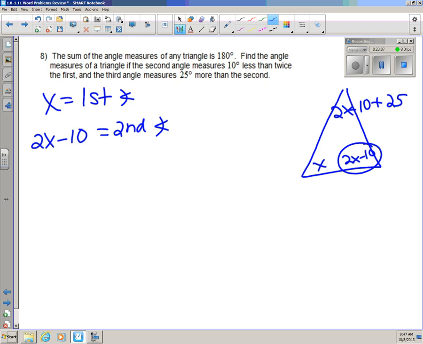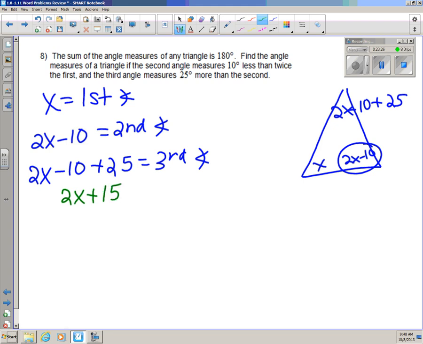The third angle is 25 more than the second. Well, let me take the second, which is that. Let me add 25 to it, and that's the third angle. Well, I think I can write this third angle a little bit better. Negative 10 plus 25 is really just 2x plus 15. So that's a more simplified version of the third angle.